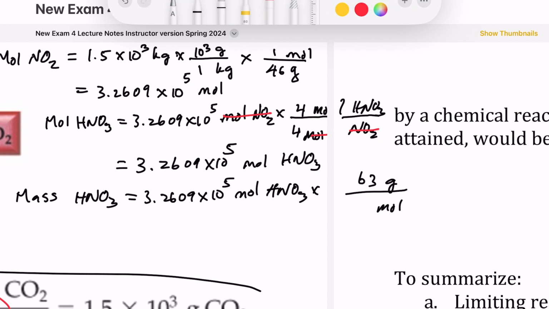Let me just write that down. 63 to 1 mole. And so you just take that, multiply by 63, and you end up getting something like 2.054347 times 10 to the power of 6 grams. Okay, this is in grams.